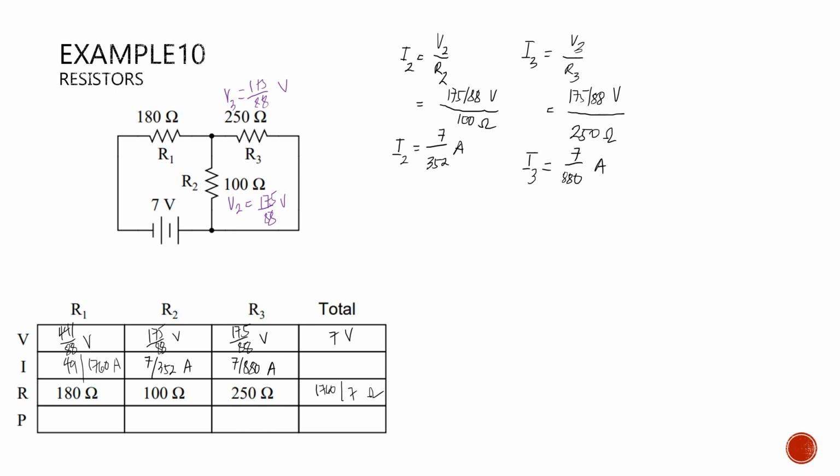And the total I was already computed earlier. So it should coincide with the total V over total R. Okay.